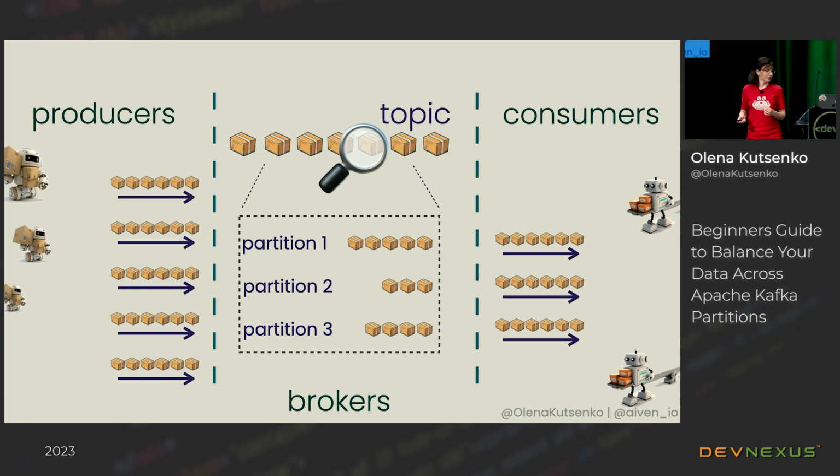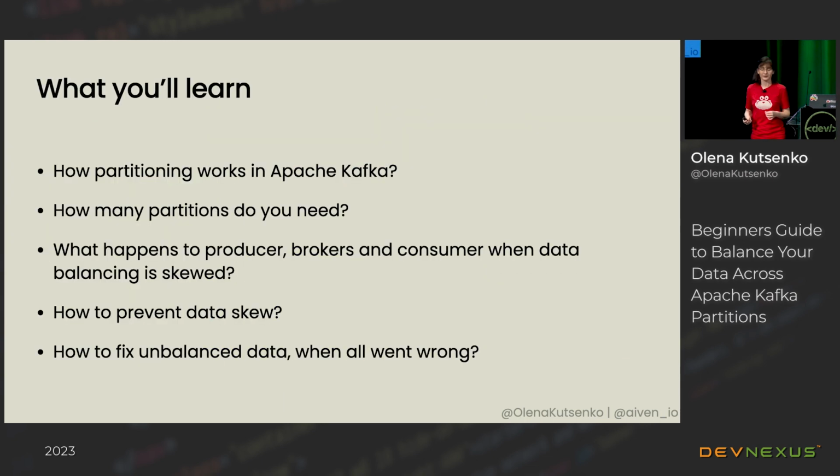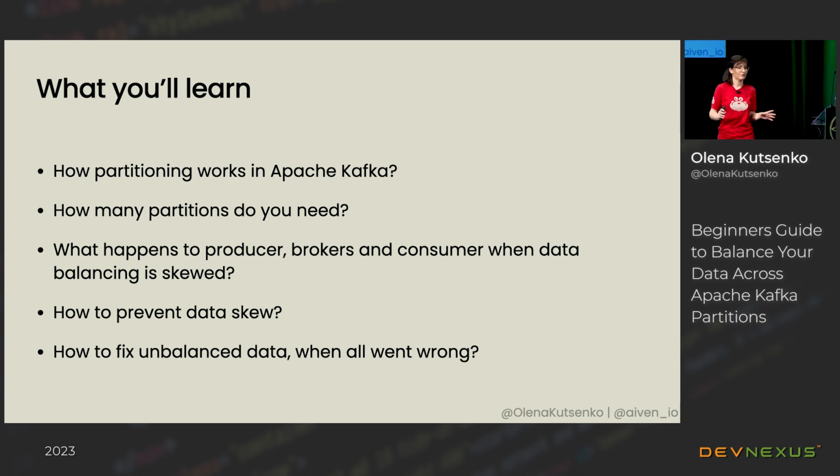So today, you will learn during the session how exactly partitioning works in Apache Kafka, how the default partitioner decides where to send the data, how many partitions you actually need per your topic based on your scenario, and what awful nasty things happen to the system in case you did the data distribution in a bad way, and how to proactively prevent that.